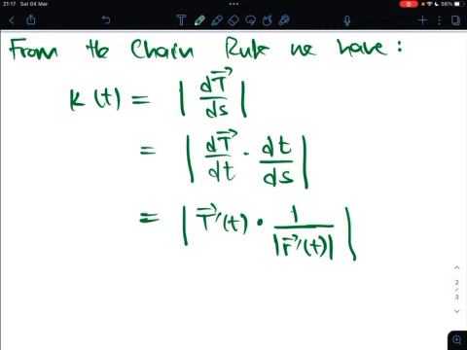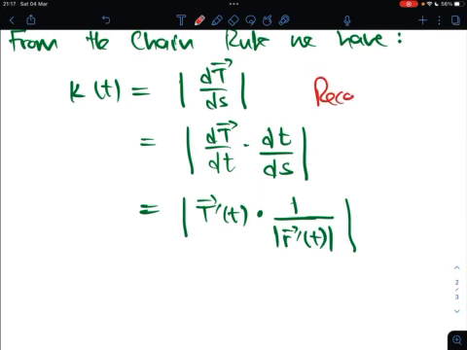If you still recall, we encountered this when we were doing the arc length parametrization. From the arc length parametrization, we witnessed that we have this result most of the time, that the change with respect to the parameter t is simply ds dt.